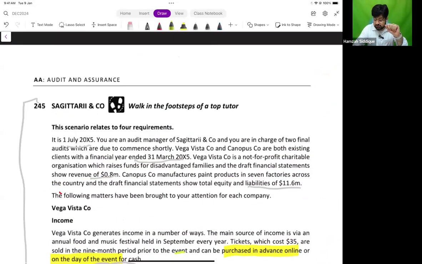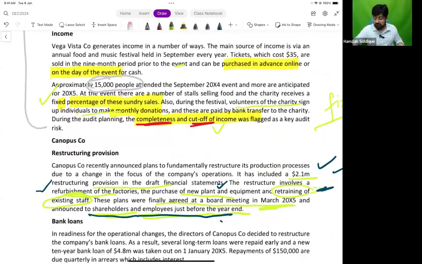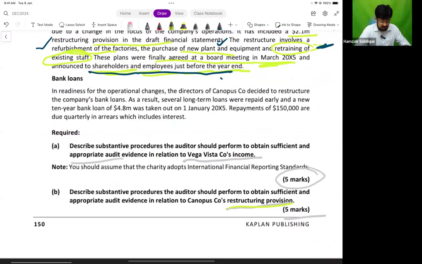You see. So what will we do? We will verify. Source is there.